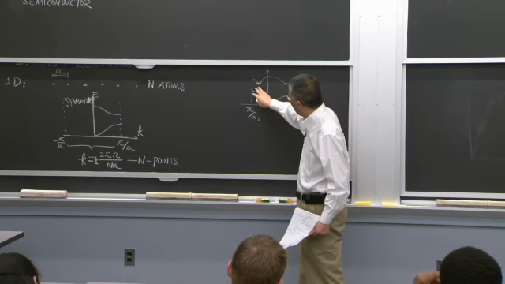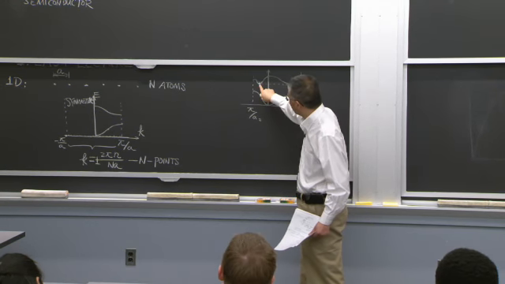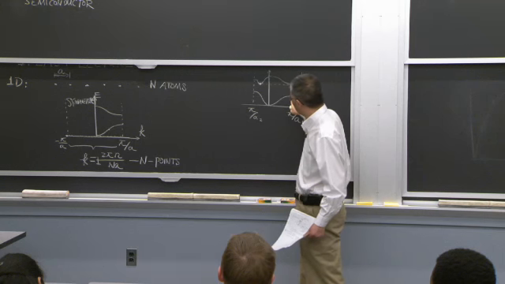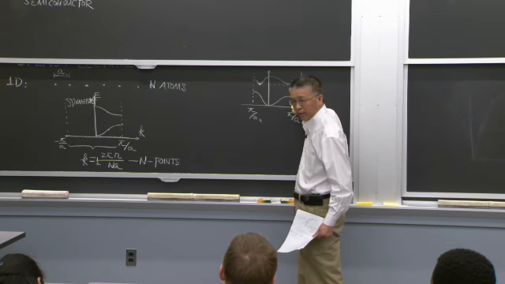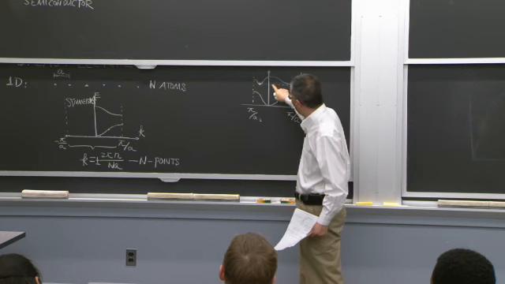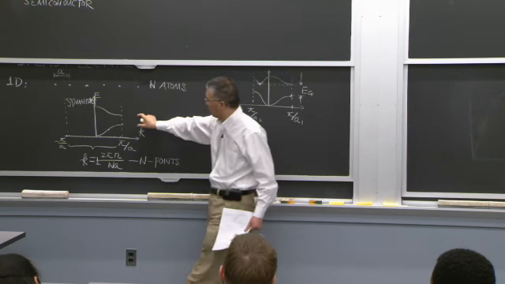And now, say, this is the minimum point here. This is, say, the maximum point in the first band here. And again, the band gap, this is the gap here.